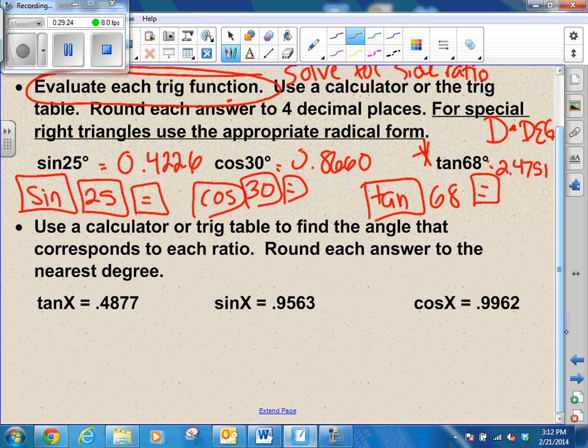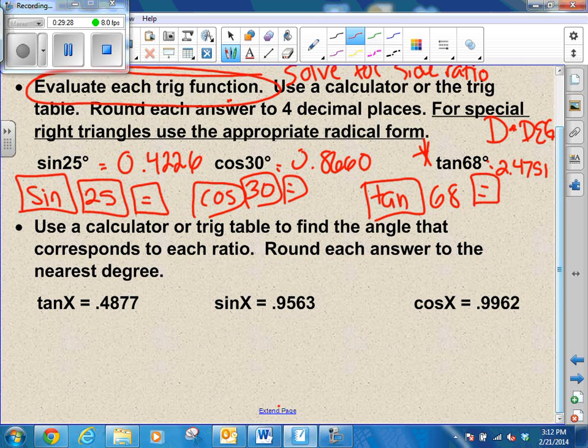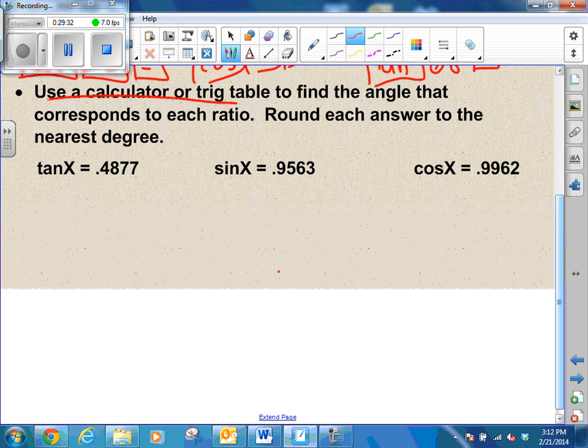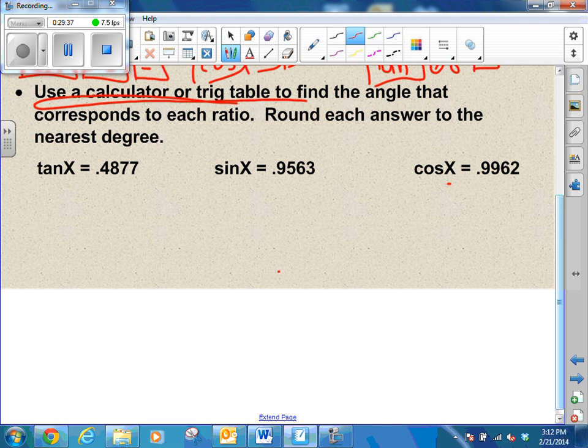Okay, now, always in math, we do it one way, and then we go the other way. All right, finding an angle. So using your calculator or the trig table, we have to find an angle. So here, that's what we're missing. So what's the decimal representing? The ratio.